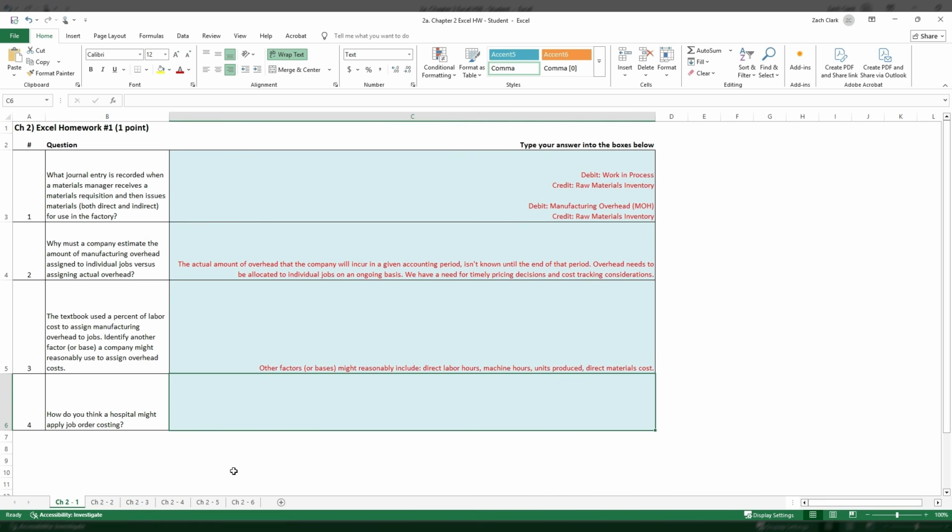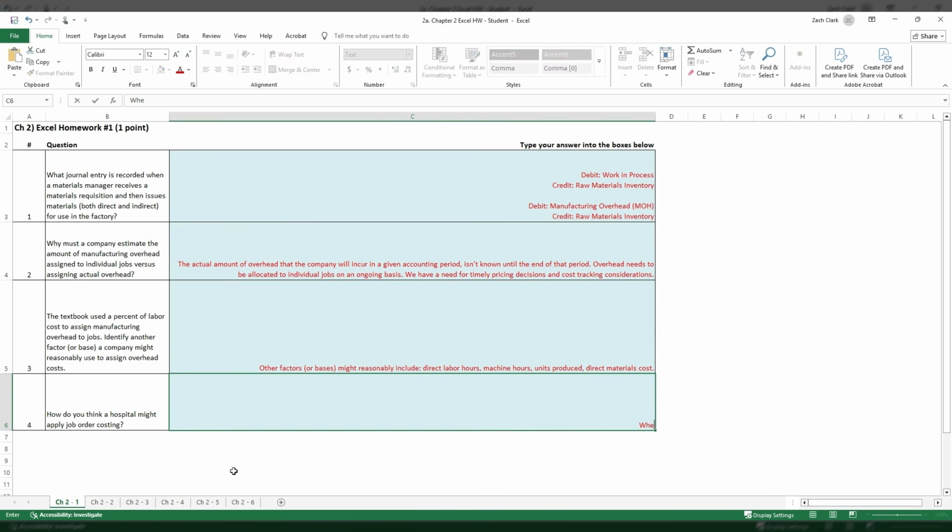Okay, let's move on to number 4. How do you think a hospital might apply job order costing? We talked about this in the lecture video a bit, because we said service businesses can still apply this methodology; it doesn't have to be a manufacturer.